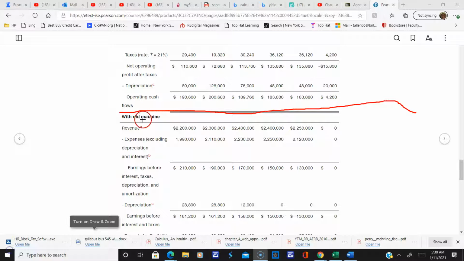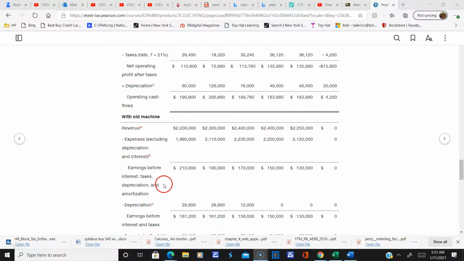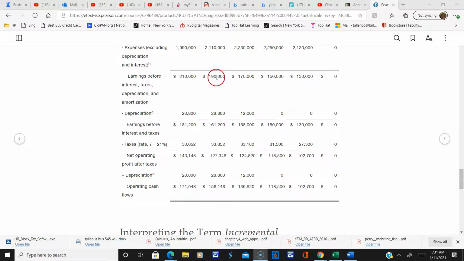So I drew a red line here to separate the new machine up here from the old machine down here, okay? I want everybody to see that, all right? So, anyway, you go through all these numbers. It's very, very important.